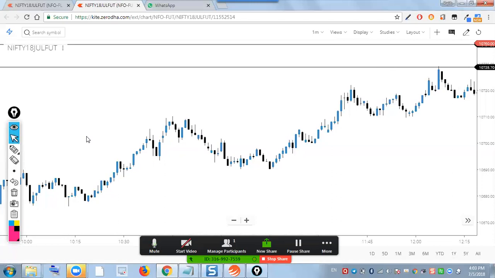Not necessary, but this is a basic structure to start with. That structure is known as higher highs and higher lows, and the other structure is known as lower lows and lower highs. Whenever you see these kinds of structures, higher high, higher low, or lower low, lower high, you can assume that there is a trend formation. I mean, there is a strength of either a buyer or a seller.